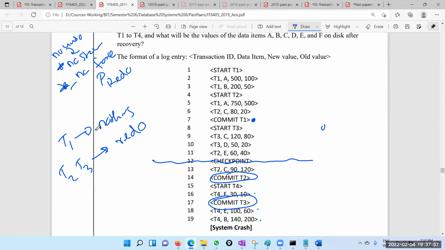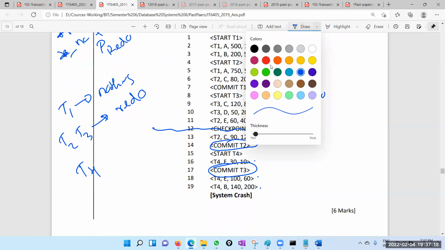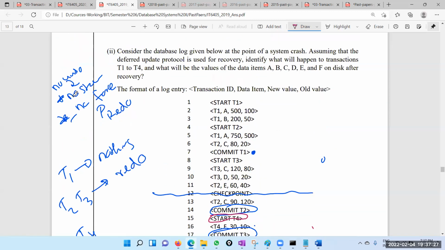Okay. Then what about transaction 4? Transaction 4 starts here, after the checkpoint, and it crashed. Remember, we are running on the no steal setting. In no steal, until it is committed, we are not going to flush it. Even at a checkpoint, it is not flushed until it is committed.